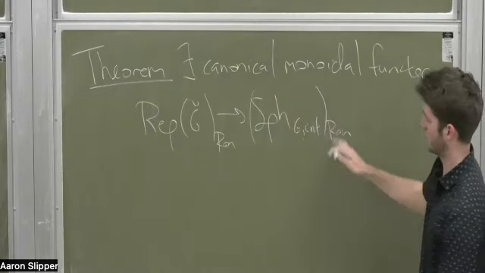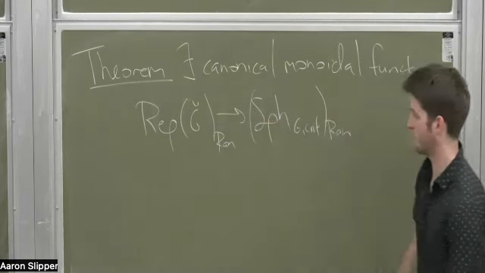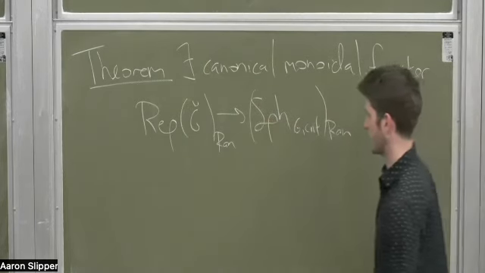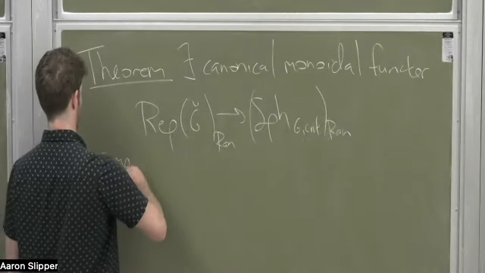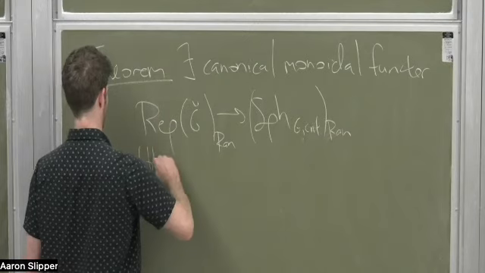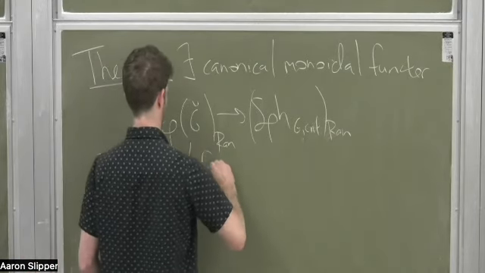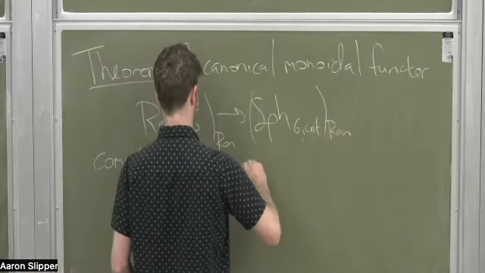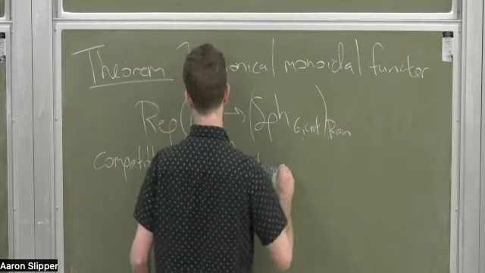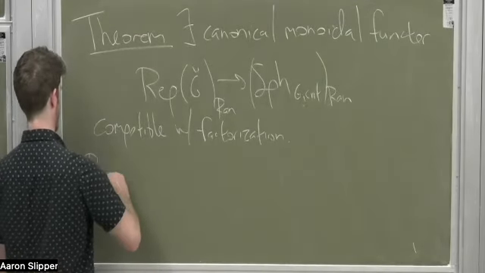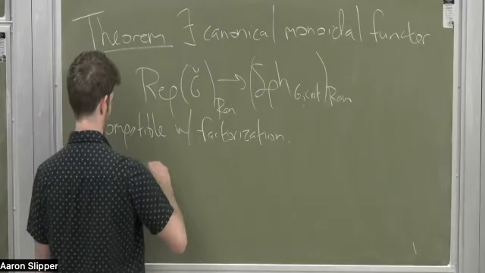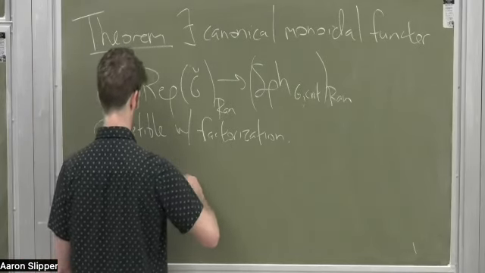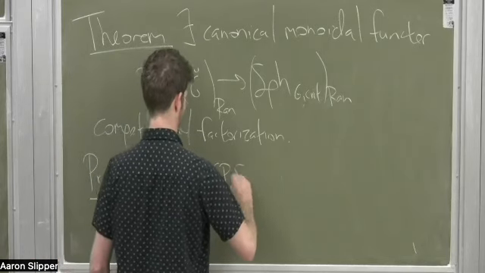And so geometric Satake, I claim, can be made compatible with factorization in this sense. For a careful proof, you can look at Sam Raskin's paper, Chiral Principal Series Categories 1.